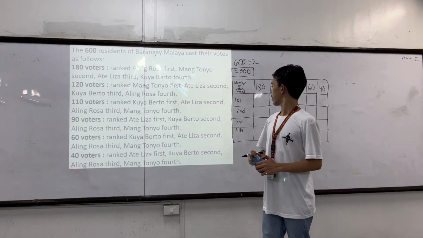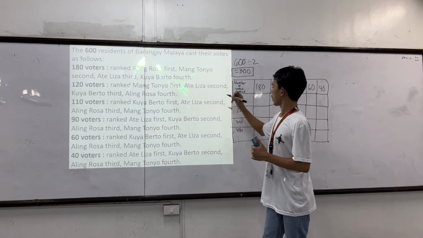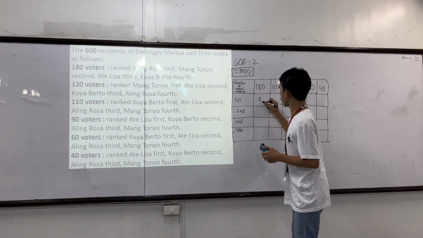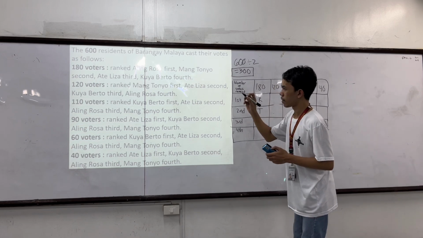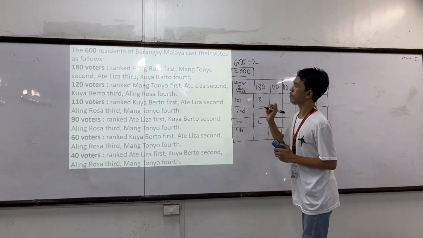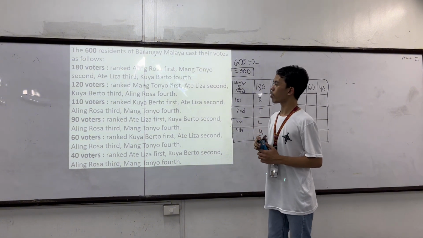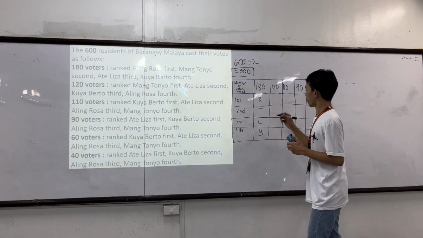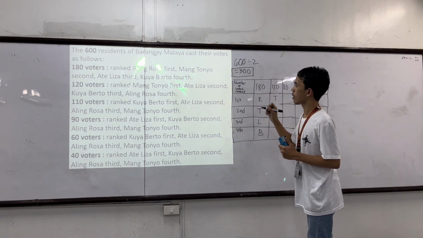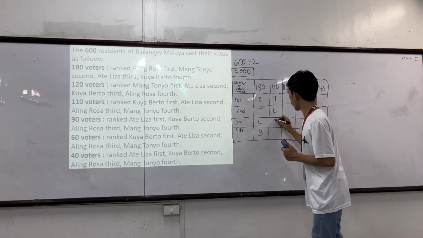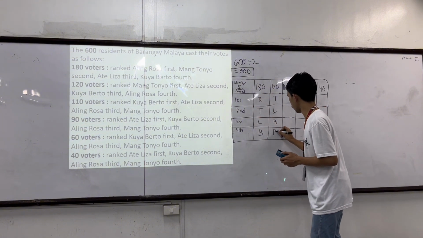So now, in the first round, Aling Rosa got first, followed by Mang Tonyo, Ate Liza, and Kuya Berto. In the 120 voters, Mang Tonyo is first, followed by Ate Liza, next Kuya Berto, and last Aling Rosa.